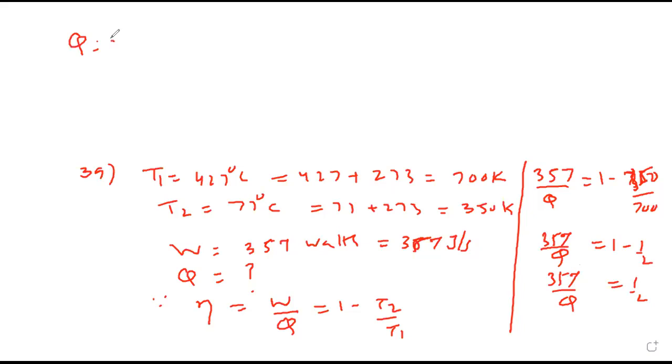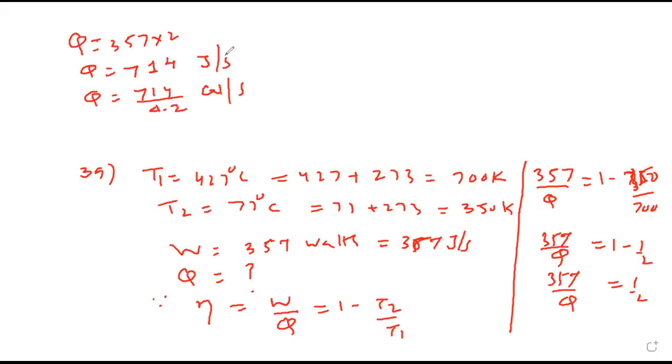So Q equals 357 into 2, which is 714. This much joule per second, but we have to convert into calories. So divide by 4.2, it becomes calories per second.